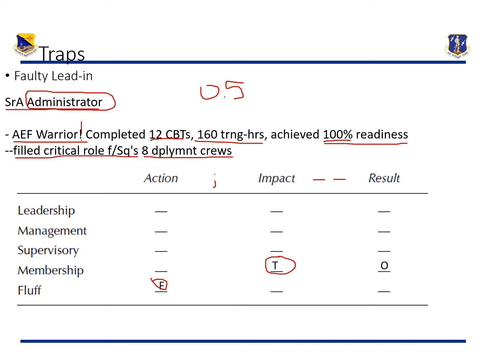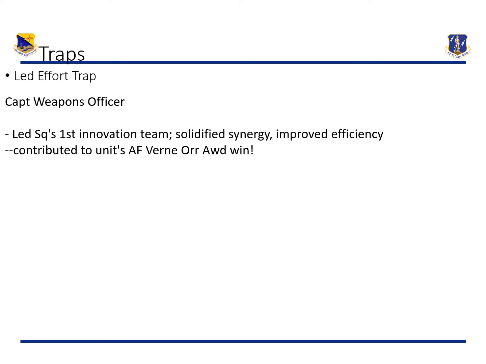And the result, even though we initially went with operational, it's hard to see anything more than a membership level to an operational effect. Again, I wouldn't score this any higher than like a 0.5. But again, it's because we are looking at the expectation of the member, and that matters.